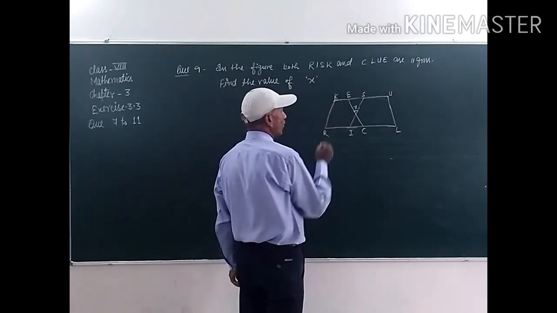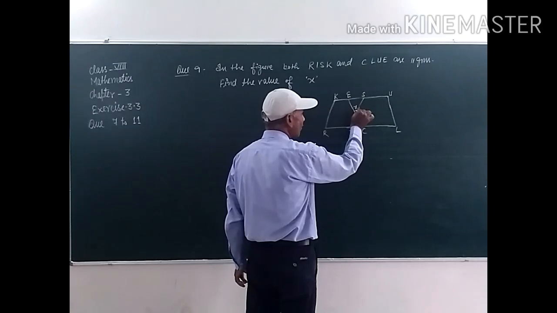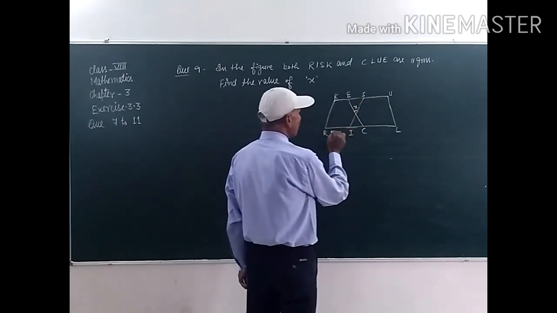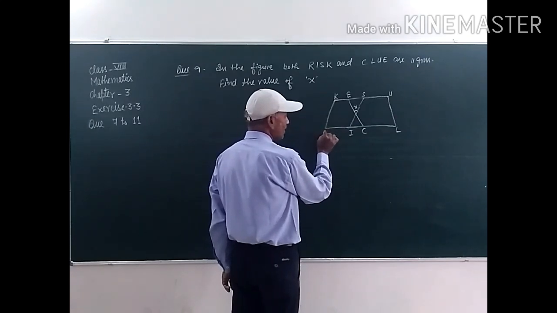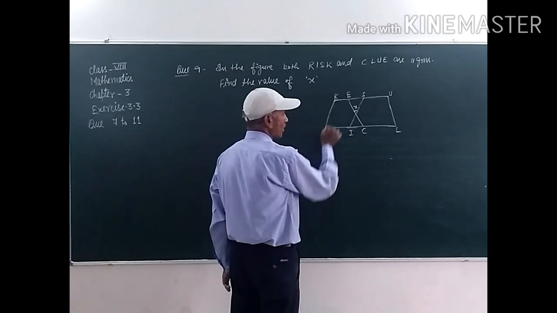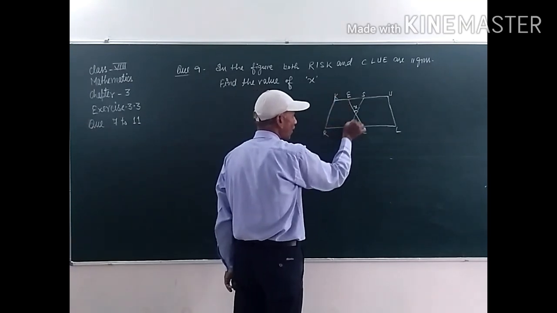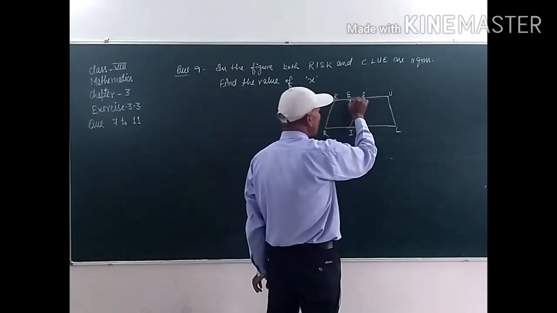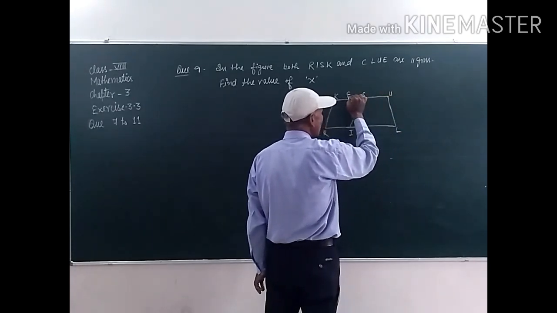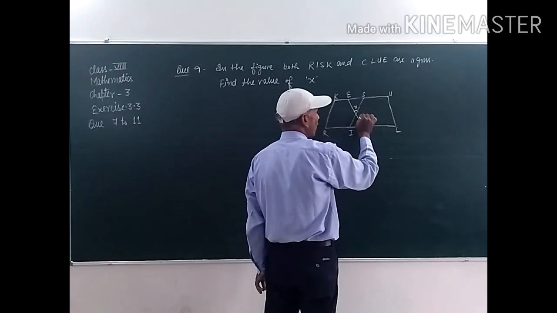From these two parallelograms we have to find the value of x, this one, student. And first parallelogram is RISK, this one, student. This one is a parallelogram. And second parallelogram, that is CLUE, this one is second parallelogram.